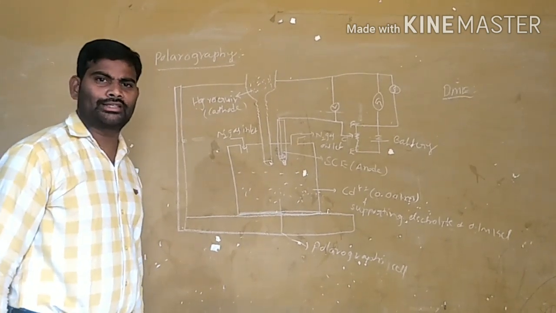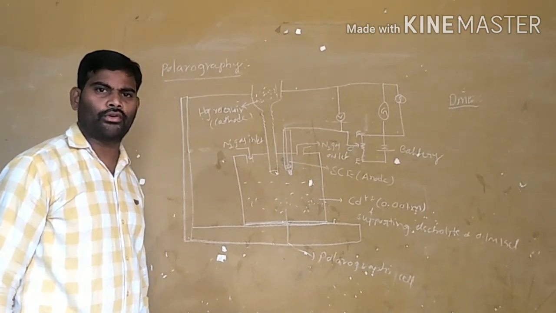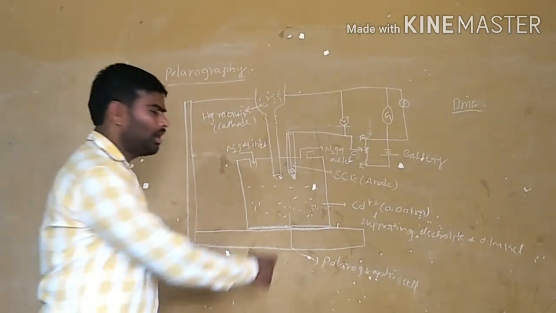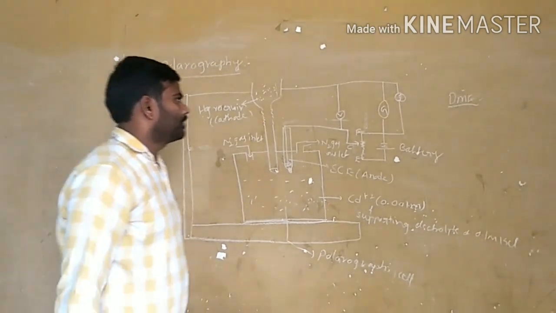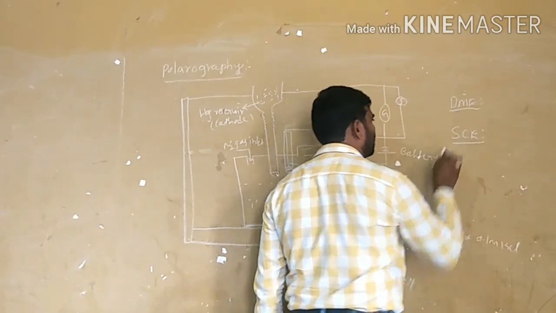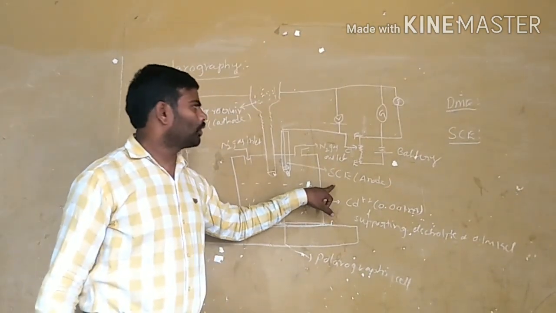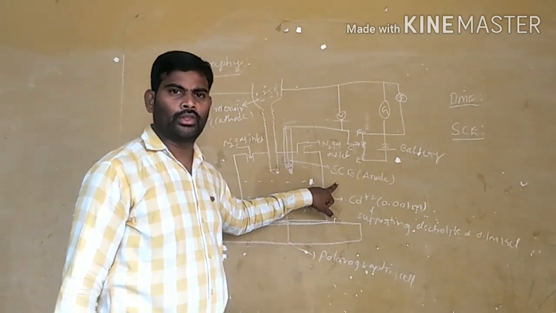Around 4 to 6 seconds is used for the formation of a drop and its fall into the polarographic cell. Next, the saturated calomel electrode works as a reference electrode in polarography.